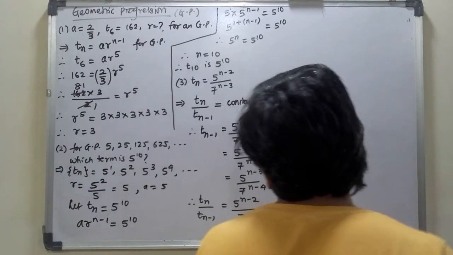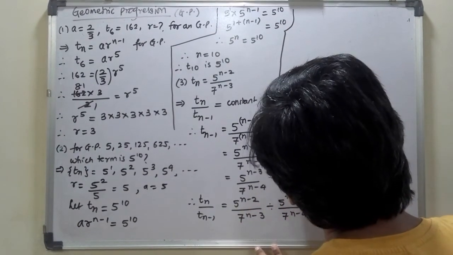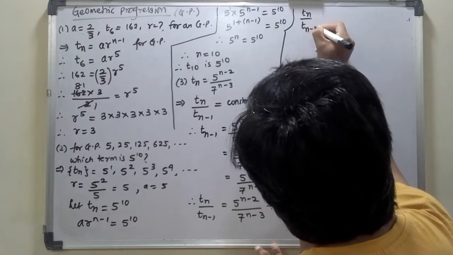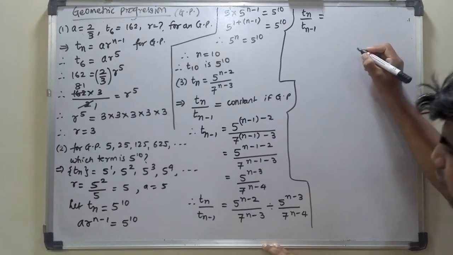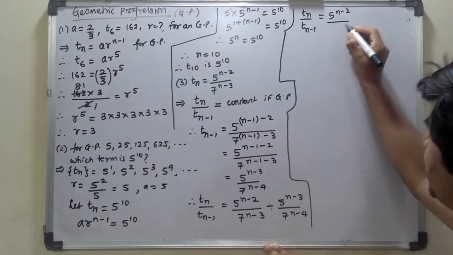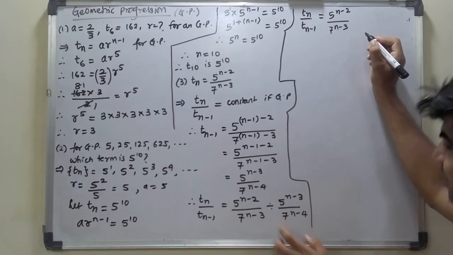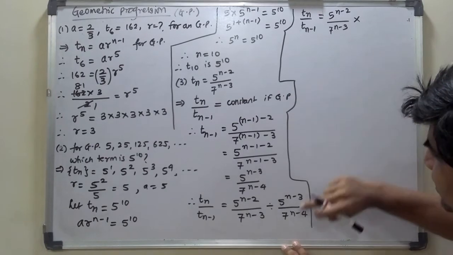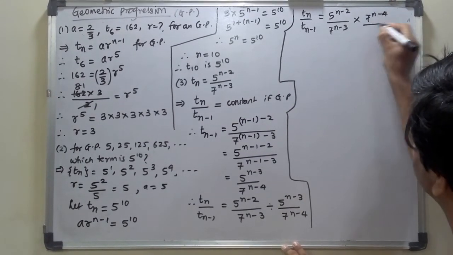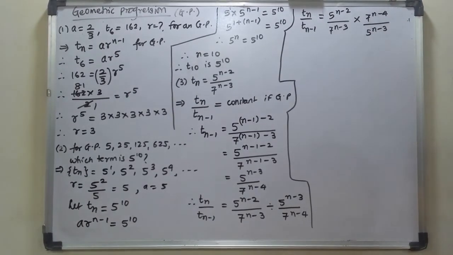Now when you solve this, Tn by Tn minus 1 is equal to 5 raised to n minus 2 and 7 raised to n minus 3, and this division becomes multiplication by the reciprocal: 7 raised to n minus 4 and 5 raised to n minus 3.